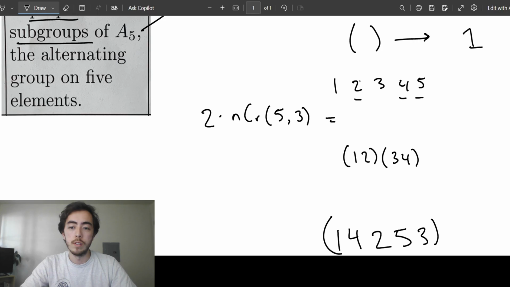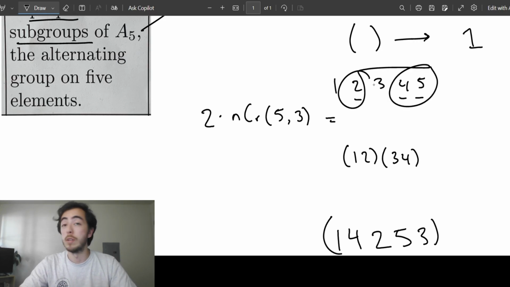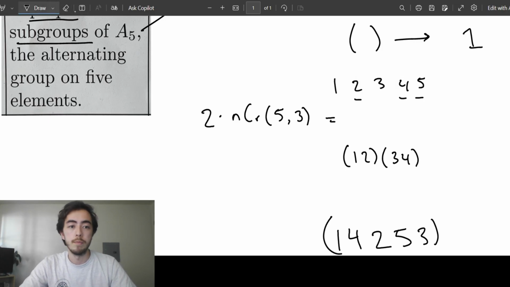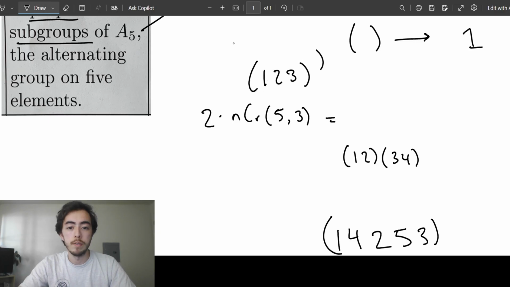There's also technically, after I choose these 3 objects, I could also do nothing with them, but I've already counted that idea with the identity element of A5. So this expression right here counts the number of 3 cycles I have. I'll just put this 1, 2, 3 here to remind myself that this is the number of 3 cycles.